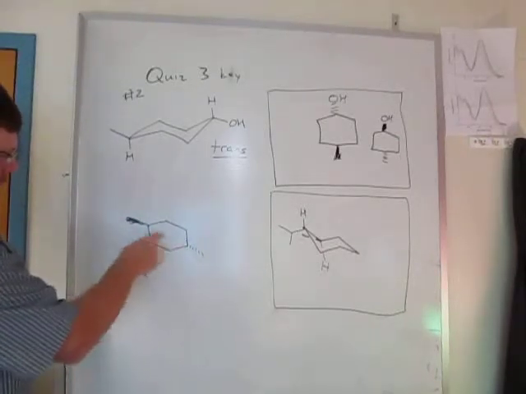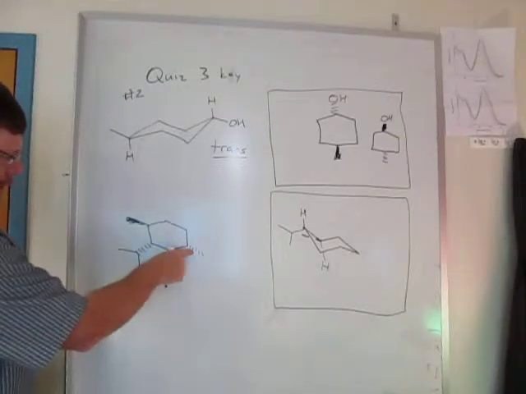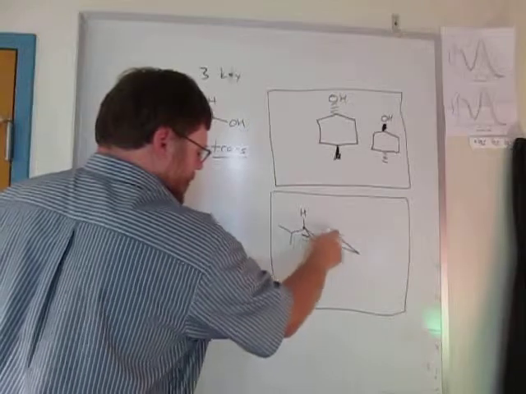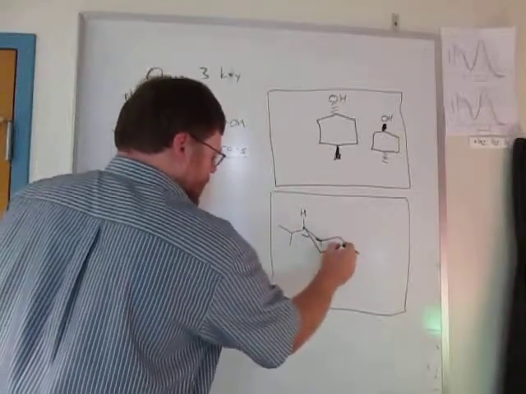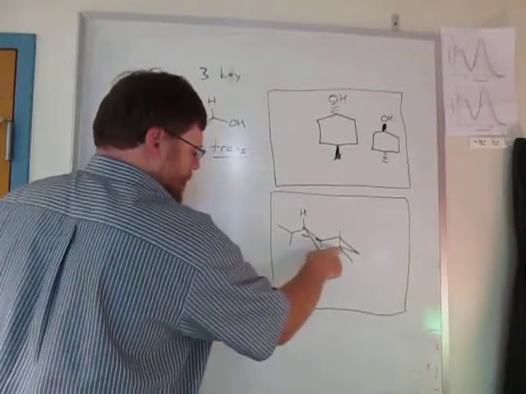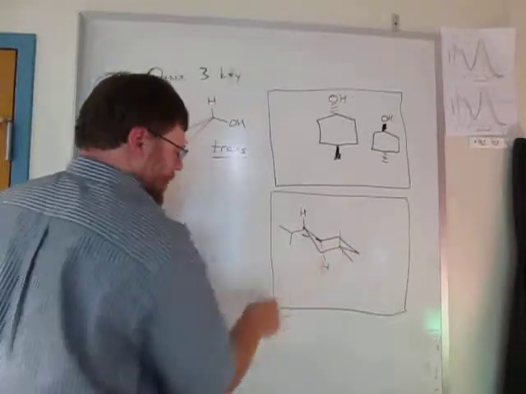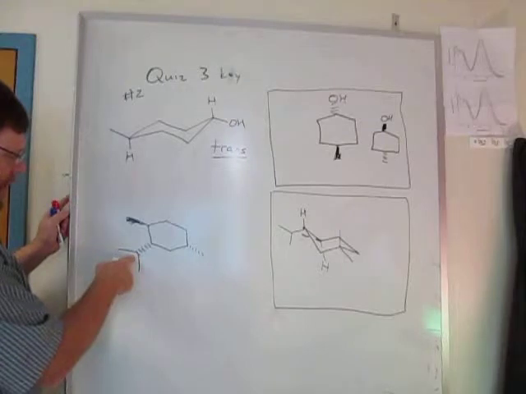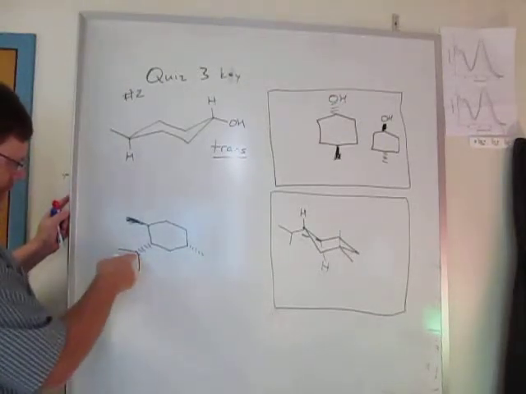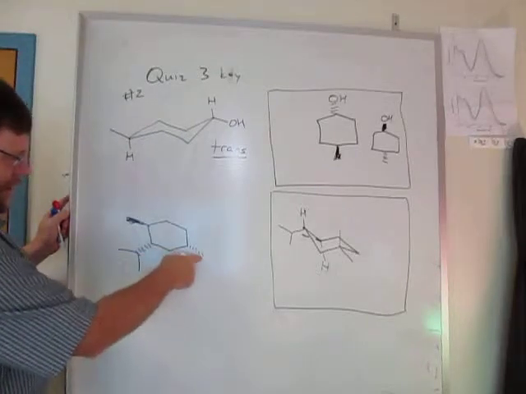Okay, and now 1,4 to the methyl. So straight across the ring from the methyl is another methyl. So if we go 1, 2, 3, 4, there's a methyl on this carbon. And again, isopropyl is cis to the methyl in question now. So isopropyl's down, that methyl has to be down.